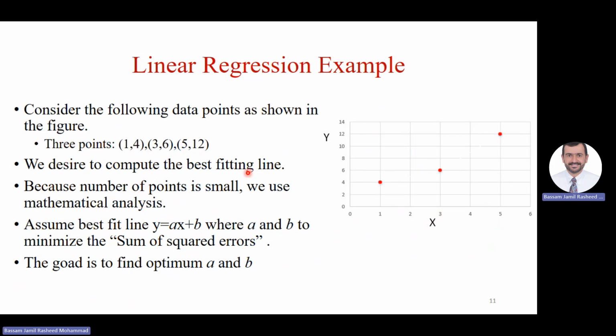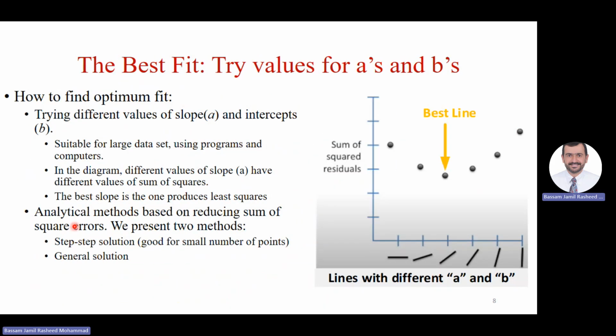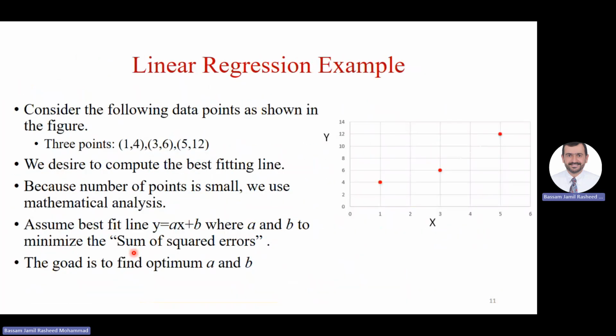So we desire to compute the best fitting line. Obviously, because the number of points is small, we could use mathematical analysis, and that's what we call the step by step, which I referred to in an earlier slide. We could do this because the number of points is small and I'm going to play with equations here.